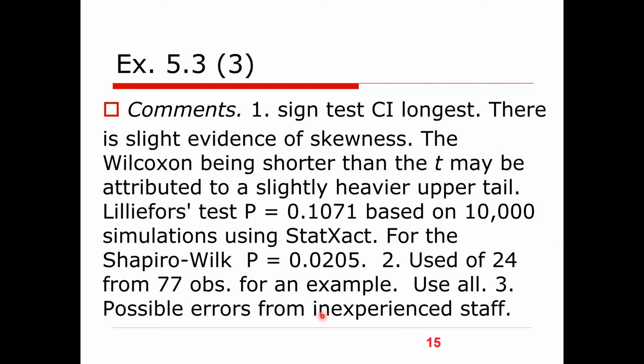And the Wilcoxon interval is the shortest because it's based on normal theory, but our data has a long upper tail, so the normal theory here is not very appropriate. And since we have a 77 observation group, maybe not all of the 77, but maybe not 24, maybe 30, 36, 40, we definitely have that data.